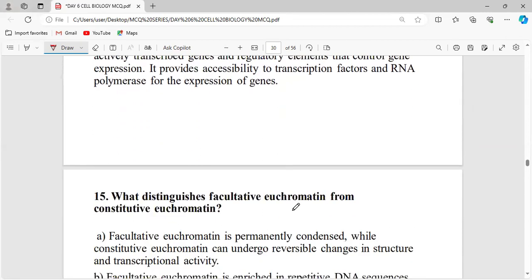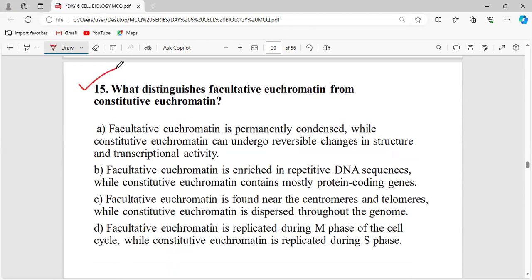I hope I don't need to explain much. And what distinguishes facultative heterochromatin from constitutive heterochromatin? Again, the same question as before. Facultative euchromatin is permanently condensed, while constitutive euchromatin can undergo reversible changes in its structure and transcriptional activity.